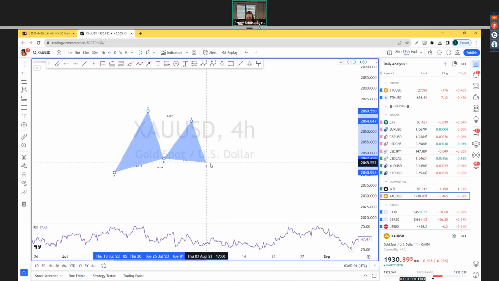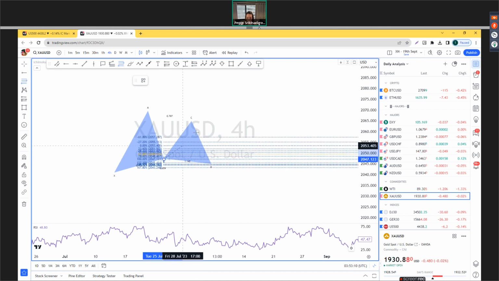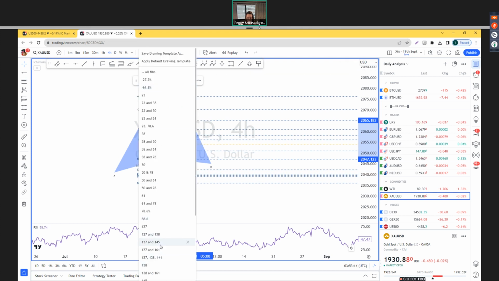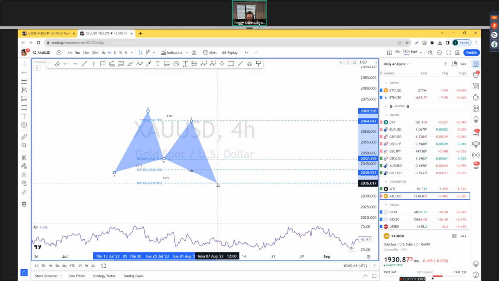And how to get the D point? You can use the BC extension, which is 121 to 261. If you see like that, the BC extension comes down here, or here, somewhere between here.